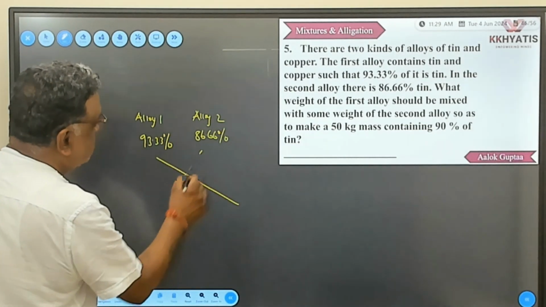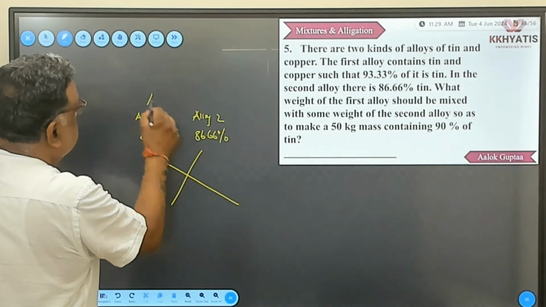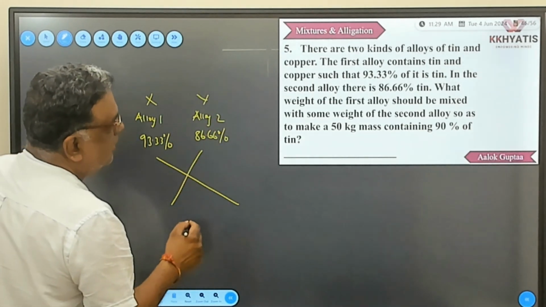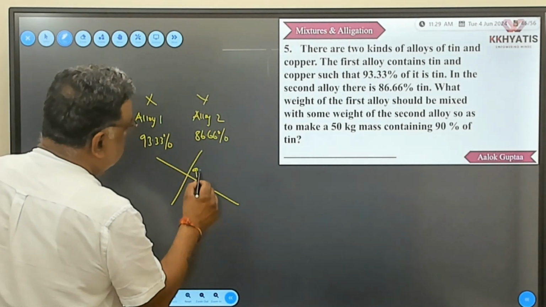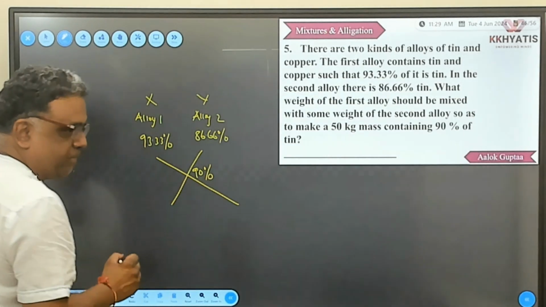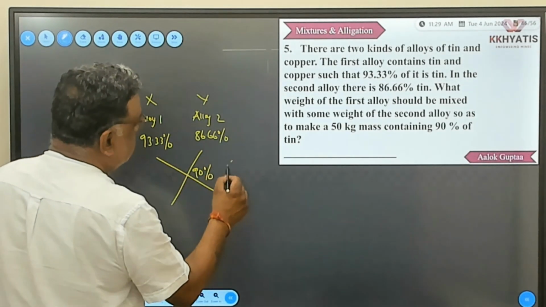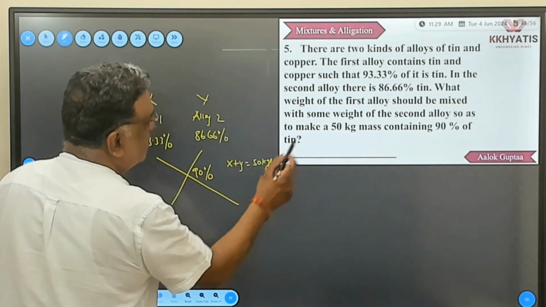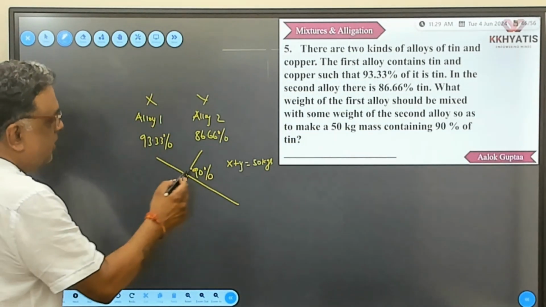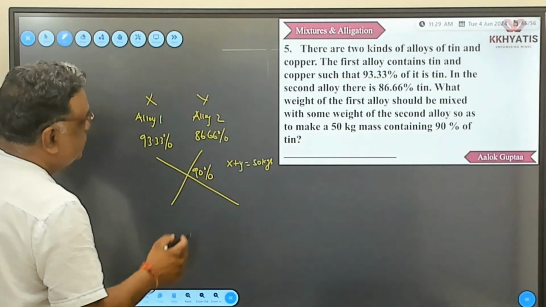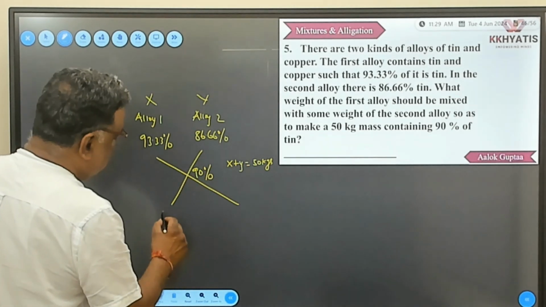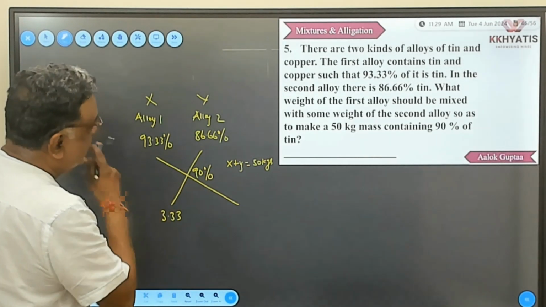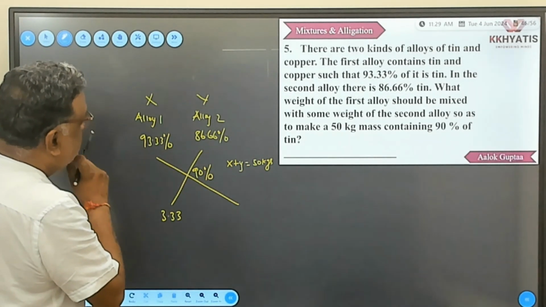And when he mixed both the alloys, let us say this was X and this was Y, he got a mixture which contains 90% tin. And this mixture quantity, which is X plus Y, is given as 50 kgs because the total mixture he got was 50 kgs. So when I do this, this will be 3.33, correct?